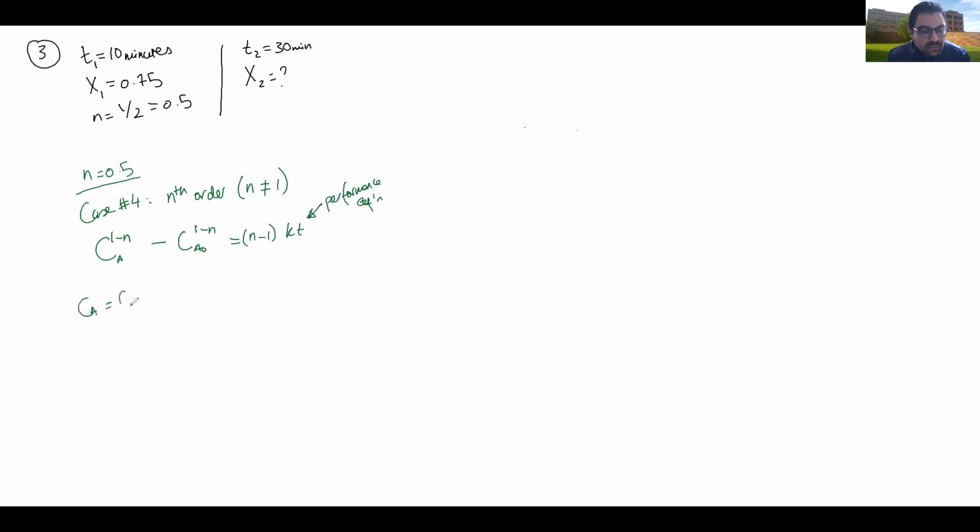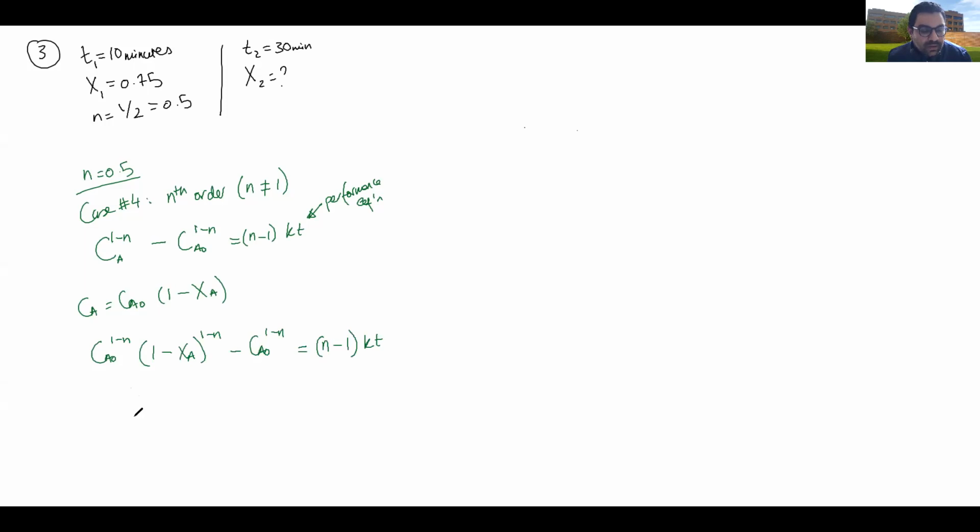CA is equal to CA note into 1 minus XA. So I'm going to plug the CA right here. So I'm going to get CA note to the 1 minus n multiplied by 1 minus XA to the 1 minus n, minus CA note to the 1 minus n, is equal to n minus 1 kt.